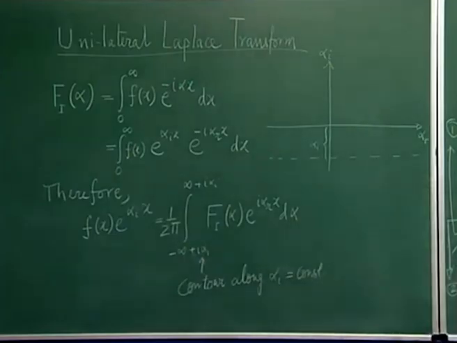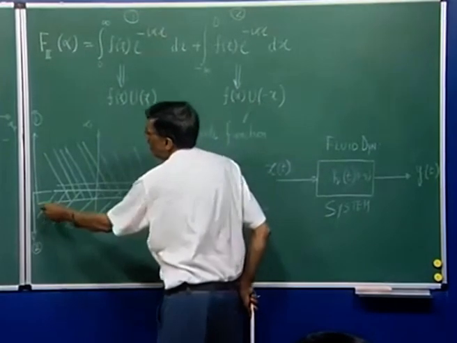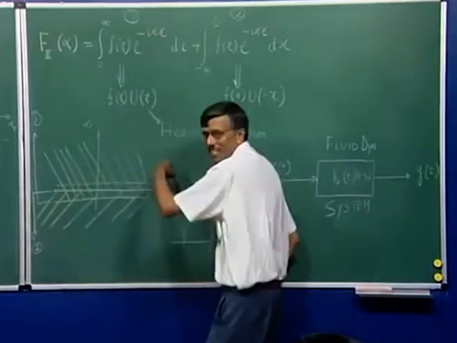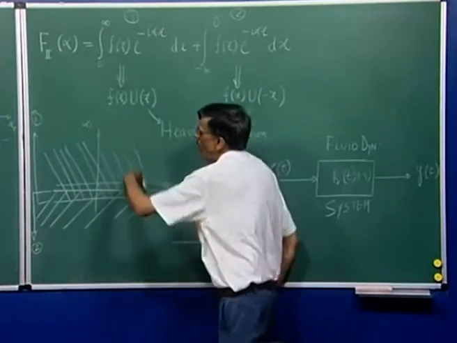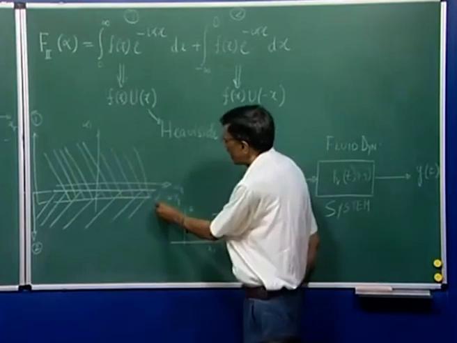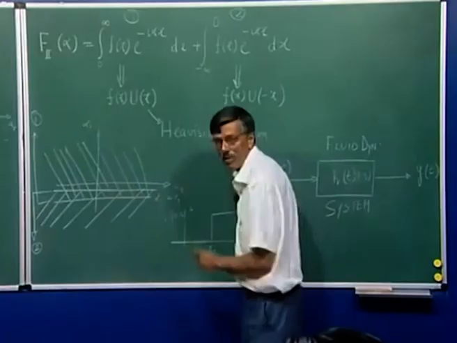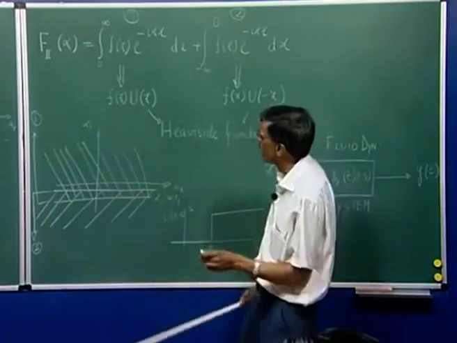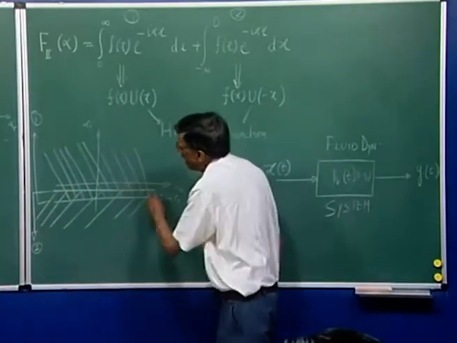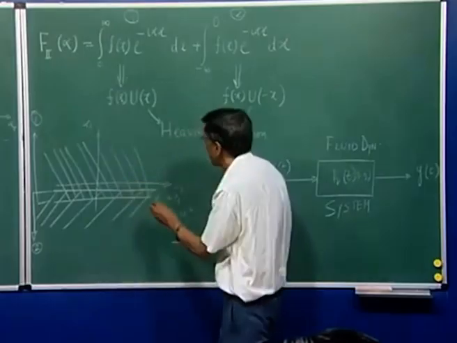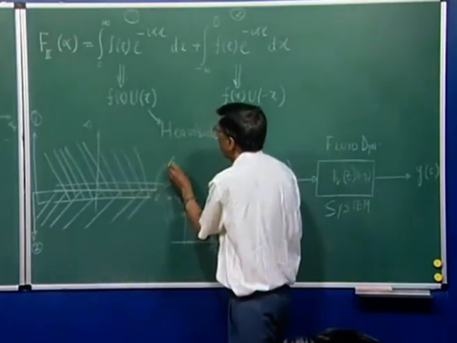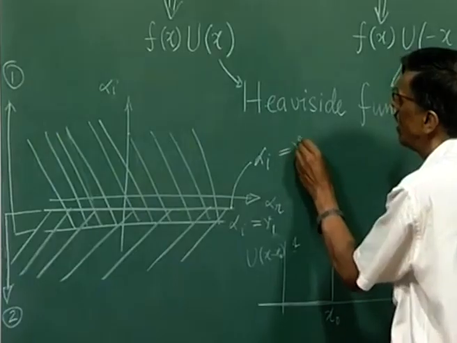So, this first integral would be given by this shaded area, which is above this line. This line, if I call that alpha I equal to gamma 1, is the lower limit. The same way the second part would be defined in a region below another line, and this line I will call alpha I equal to say gamma 2.